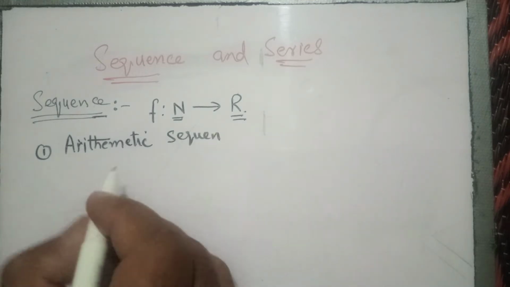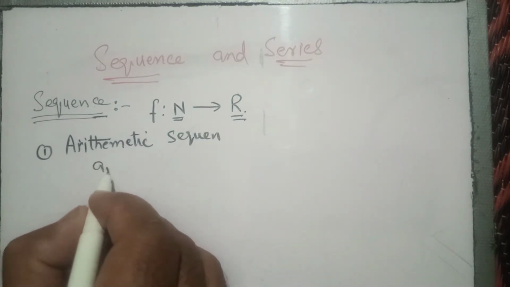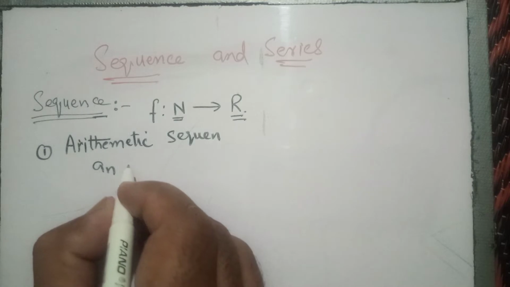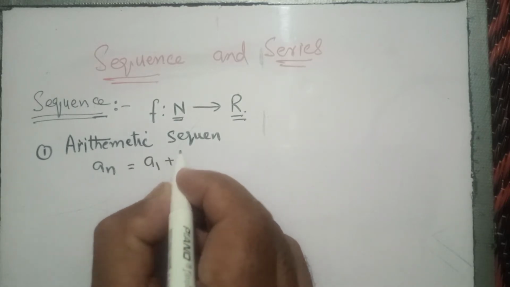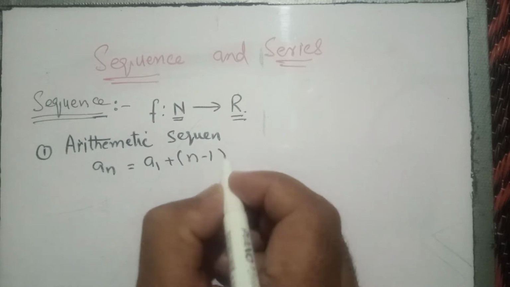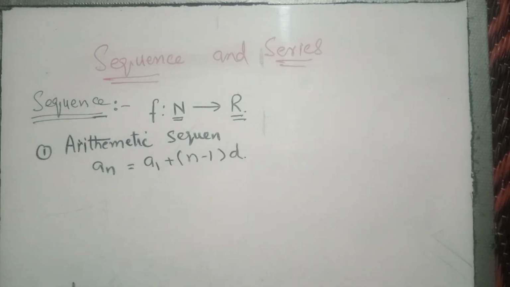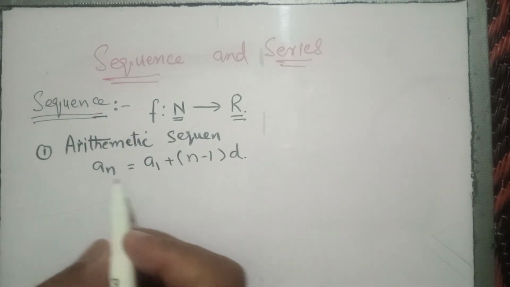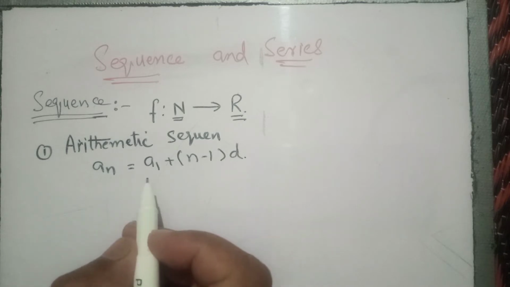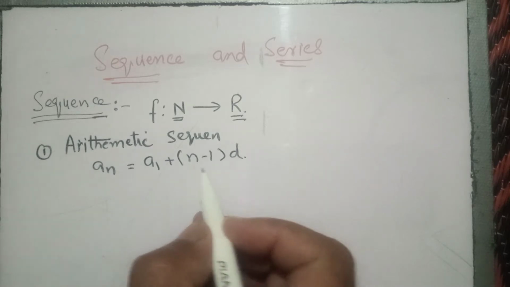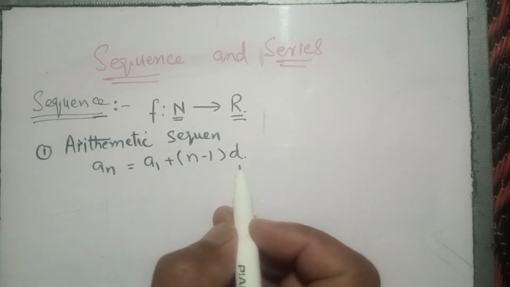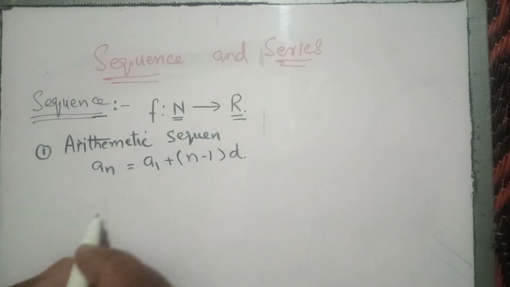An arithmetic sequence is denoted by an, and its nth term is a1 plus n minus 1 into d, where an is the nth term, a1 represents the first term of the arithmetic sequence, n represents the number of terms, and d represents the common difference.